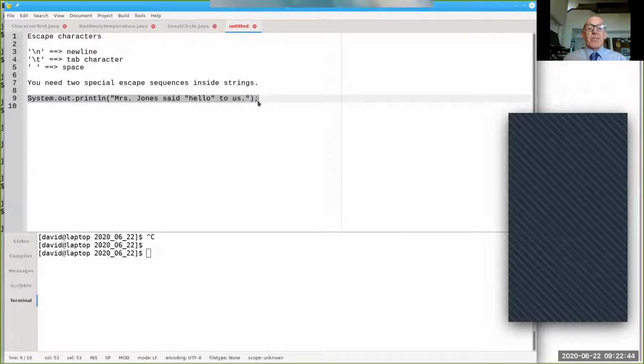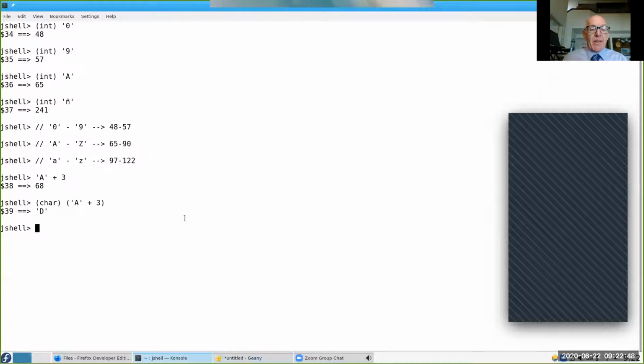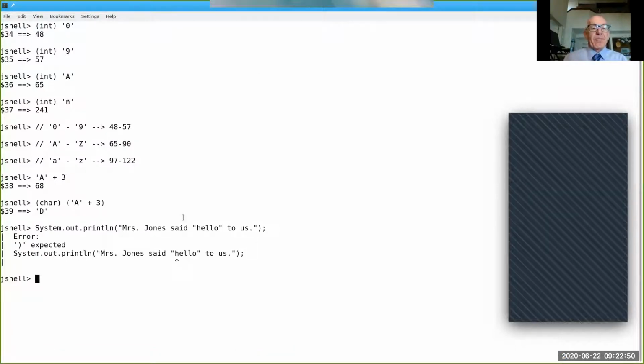Let's copy this and paste it into the shell, and you'll see that when it got to there, it's expecting a closing parenthesis. Why? Because this quote mark closes off that quote mark. Now all of a sudden, I've got the word hello in the middle of nowhere because it thinks it's not inside the string.